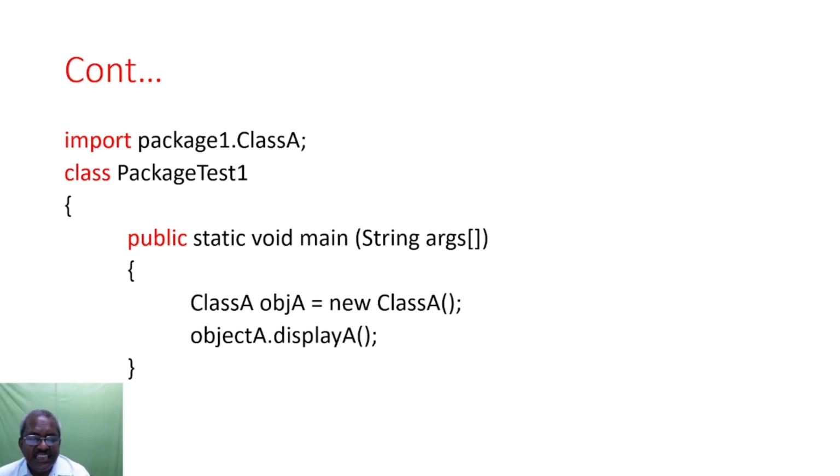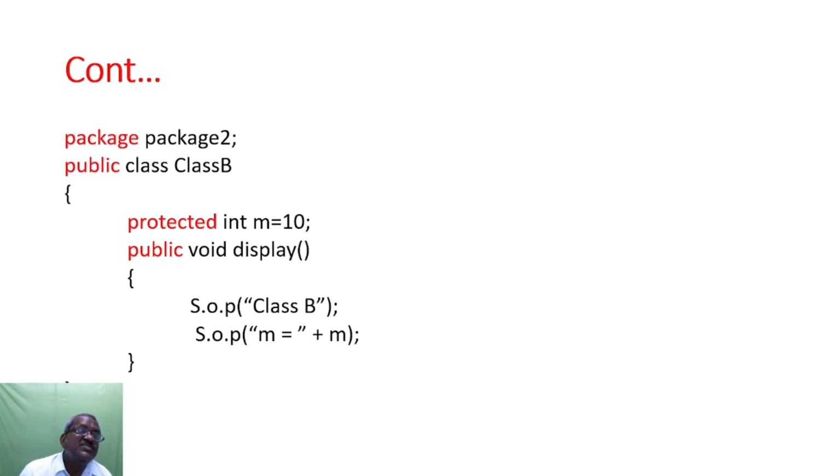That doesn't require package 1 dot class A. So directly we can access it, and we are using the new keyword to create an object. Then we call display. The output for this will be class A.